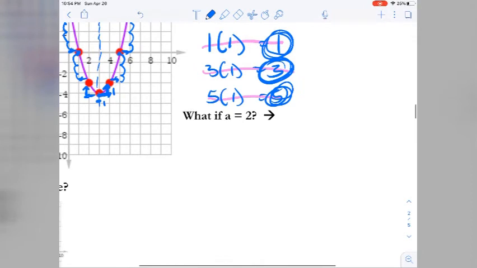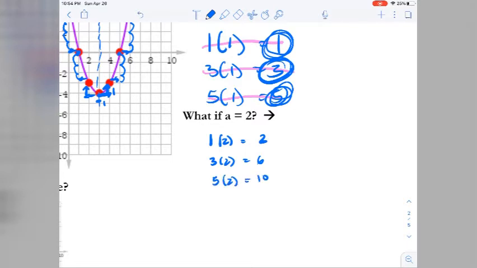The next one says, what if a is equal to 2? Well, easy enough. 1 times 2 is 2. 3 times 2 is 6. 5 times 2 is 10. Remember, 1a, 3a, 5a.